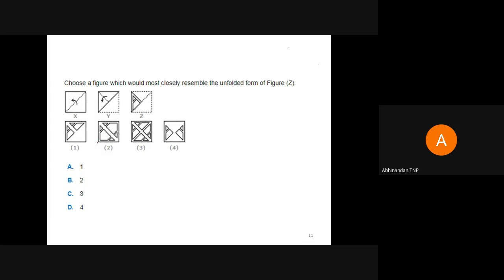Okay, so when you uncut this, this is the unfolded version. Then again from the upper side, this is the unfolded version. Then we have to unfold this.